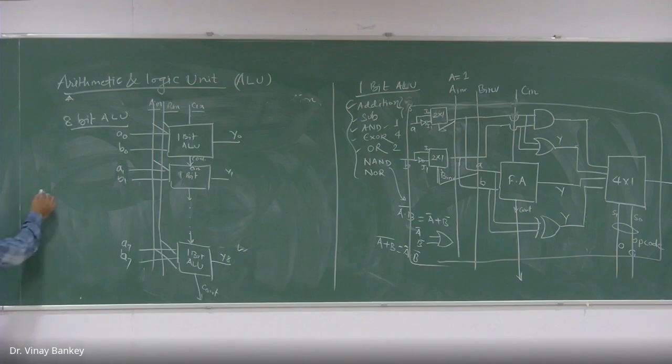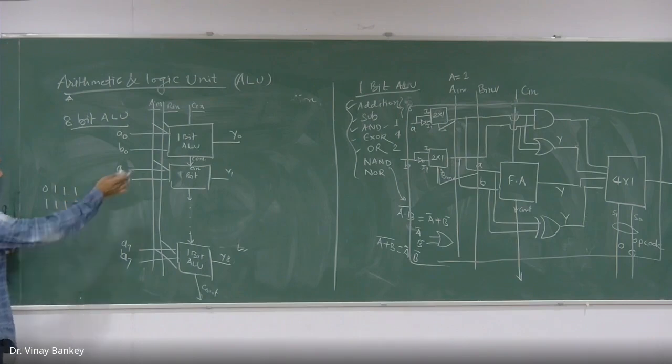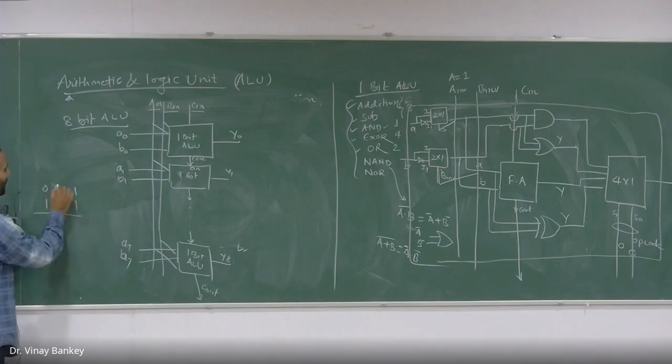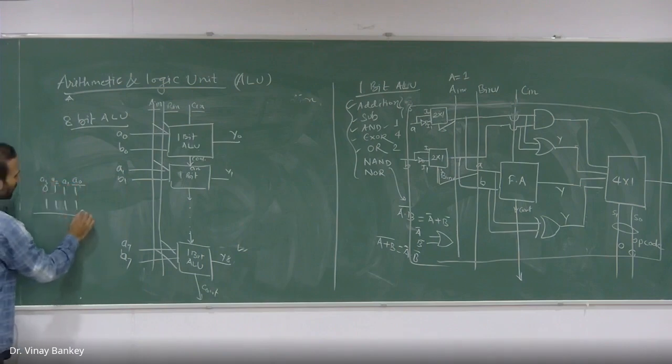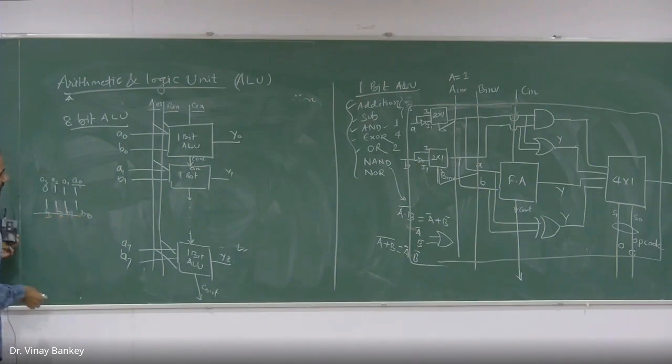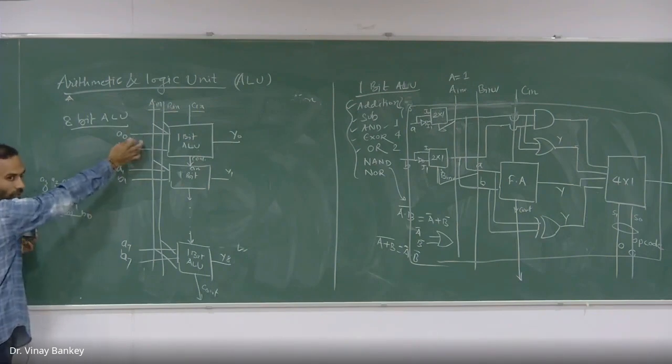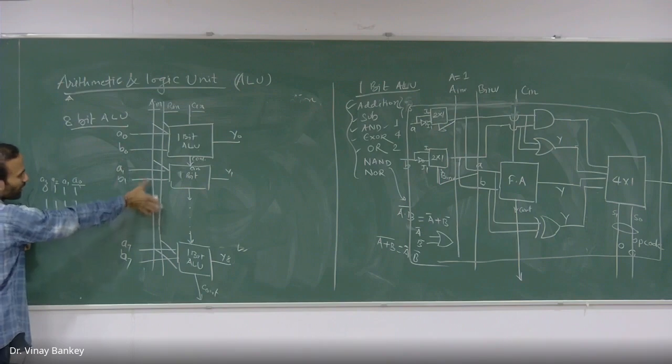Let's suppose you have a 4-bit operation, and you want to choose any one of them. You want addition, so you cannot say that. Here I define A0, A1, A2 and A3, and B0, B1, B2 and B3, and A0 and B0 will be associated with the first ALU, and similarly for the second ALU, so 4 ALUs.